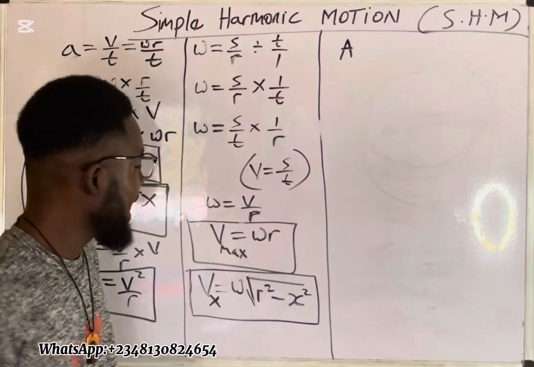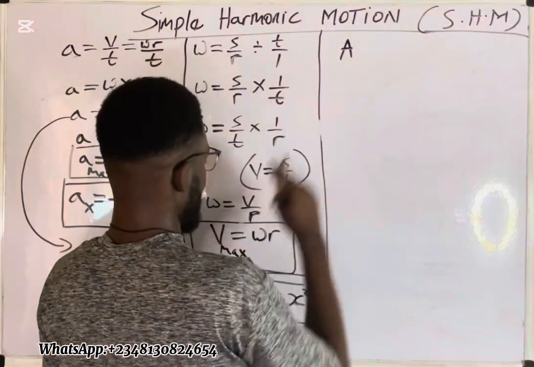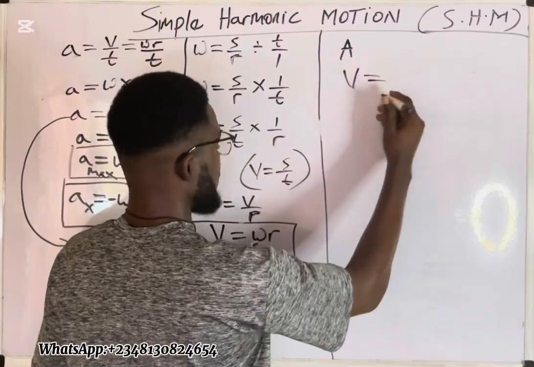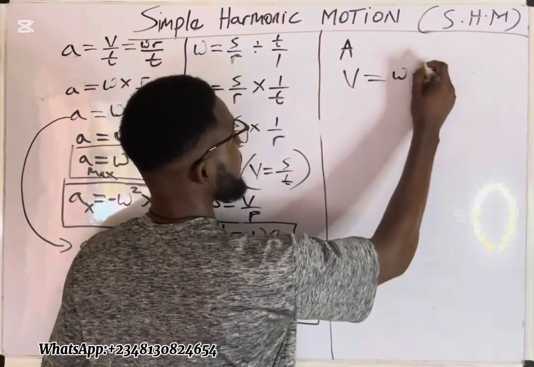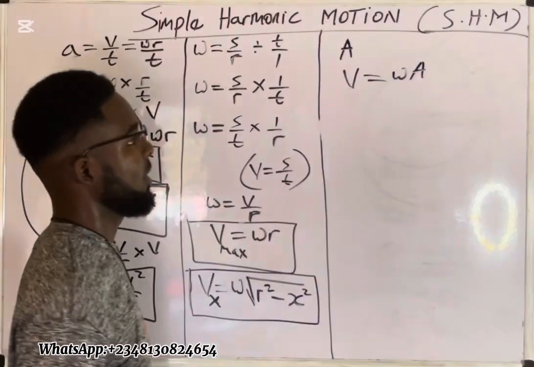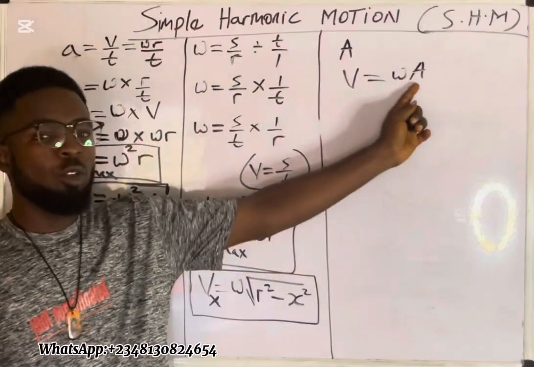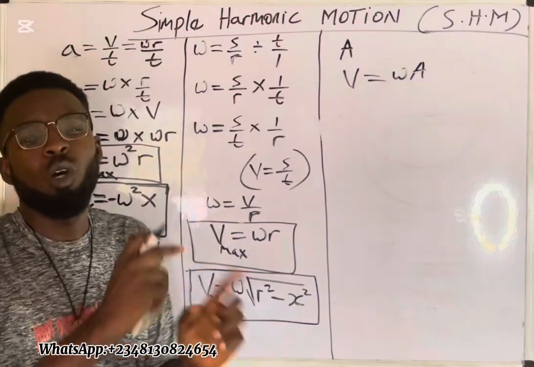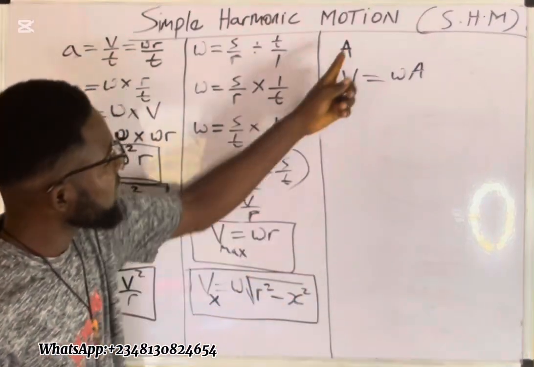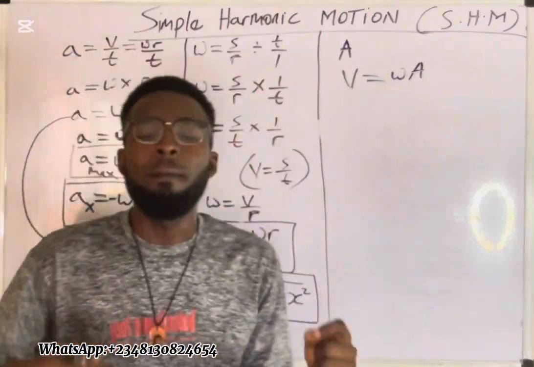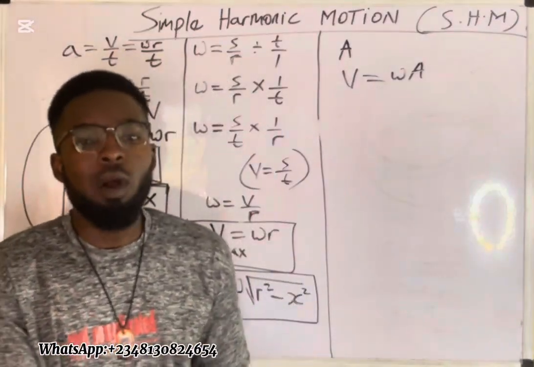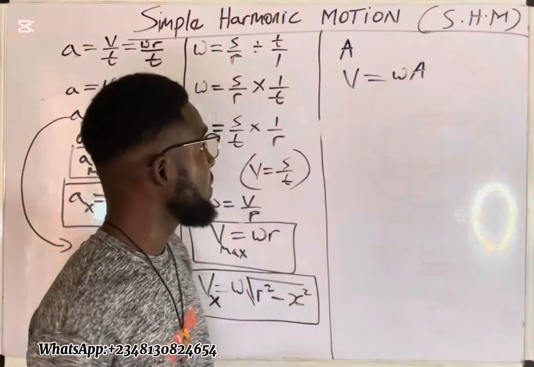So, right here, I can say that at maximum velocity, v is equal to omega A. I can use A to represent radius right here. It is also correct, because amplitude represents maximum displacement. These are terms we use in simple harmonic motion. You have to take note of that.